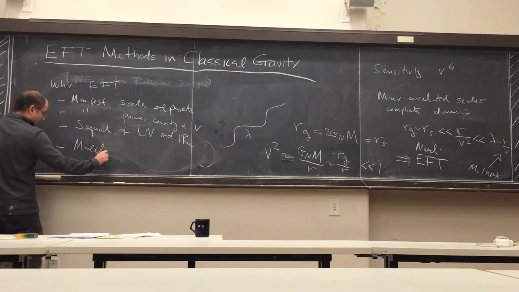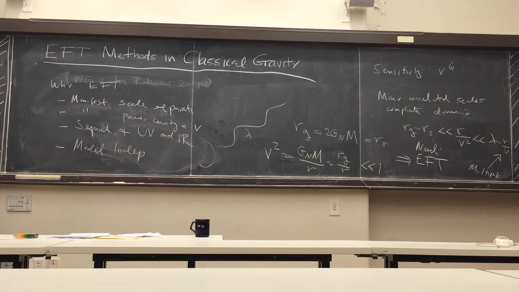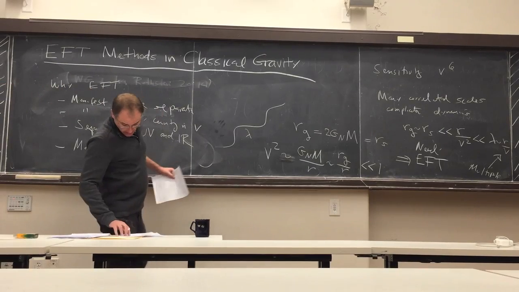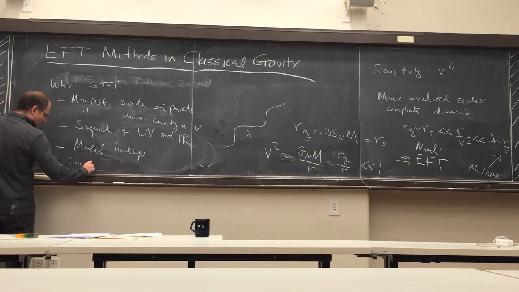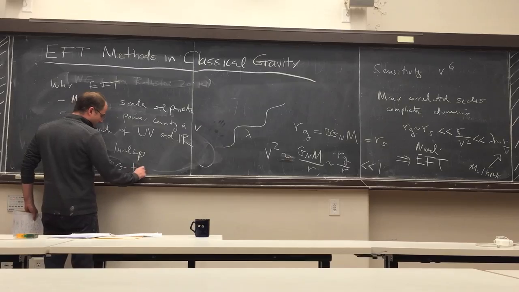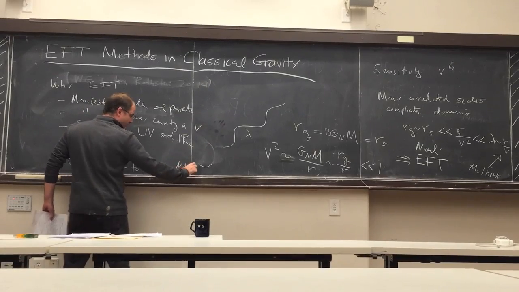If you write down a Lagrangian that has all terms consistent with the symmetries of the problem, you're by definition being model independent. And finally, we can use the renormalization group to understand non-analytic corrections.